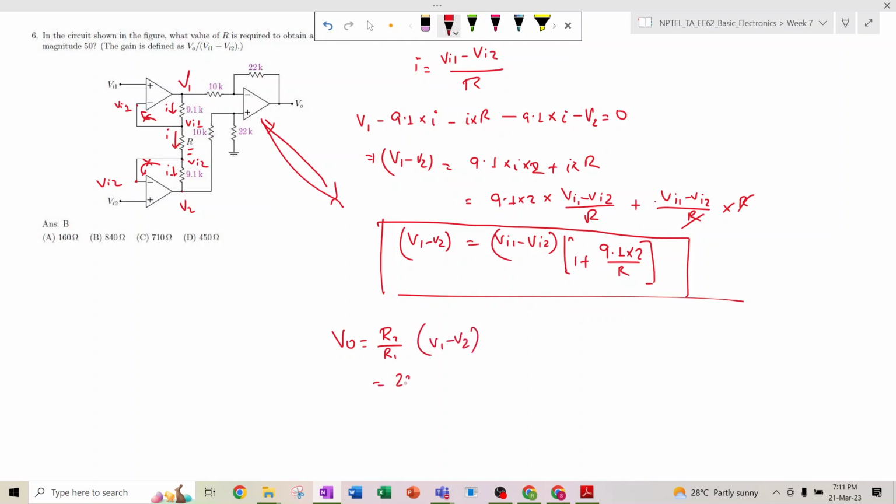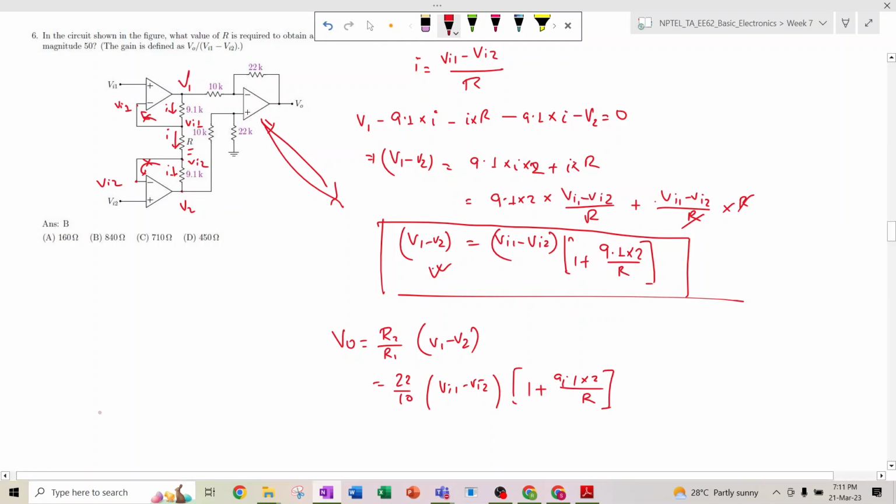So R2 by R1 is 22 by 10, and for V1 minus V2 we put this formula: Vi1 minus Vi2 into 1 plus 9.1 into 2 divided by R. Now we have to determine the gain, that is VO divided by Vi1 minus Vi2, right? So VO divided by Vi1 minus Vi2 is 22 by 10 into 1 plus 9.1 into 2 divided by R.